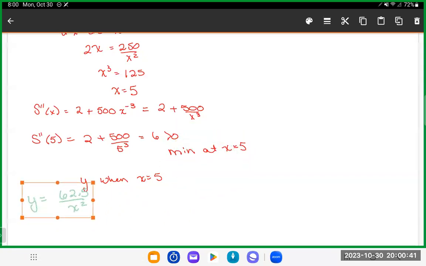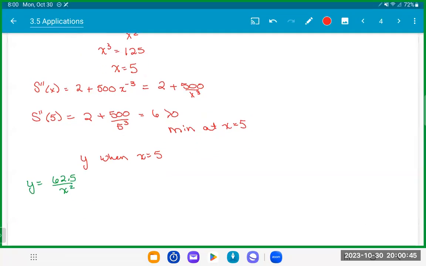We substitute in 5, so we get 62.5 over 5 squared, which gives me a value of 2.5.